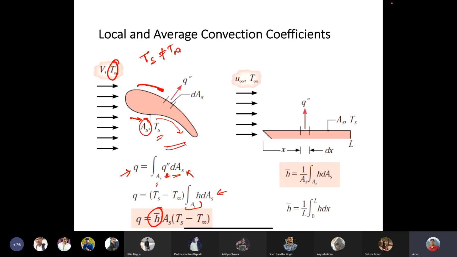So this is the average convection heat transfer coefficient over the entire surface. Then we can find the total heat transfer rate by multiplying that with the total surface area over which this convection heat transfer is happening, multiplied by the temperature difference. That means this h bar is nothing but this expression.